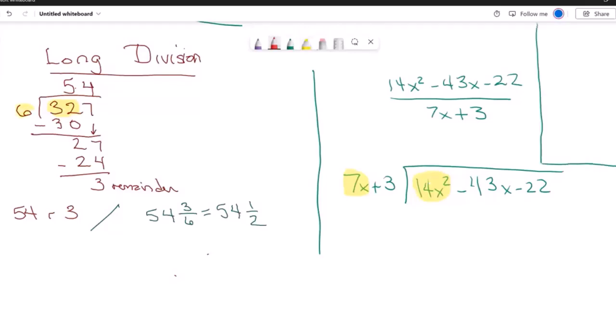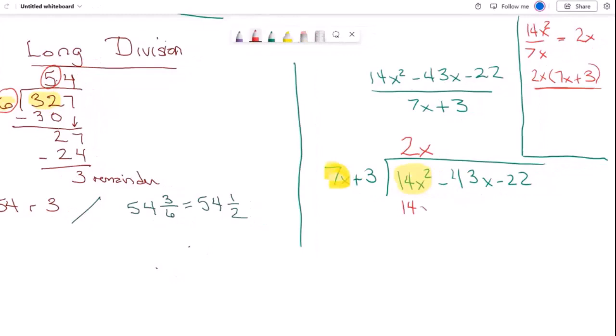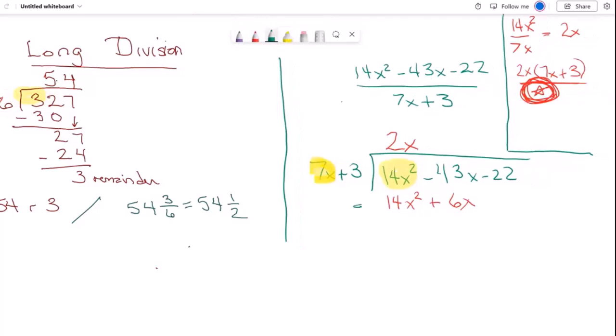We have 14x squared divided by 7x equals 2x, right? I put my 2x here. I multiply 5 times 6. I multiply 2x by 7x plus 3. And I end up with 14x squared plus 6x. I'm subtracting all of this.